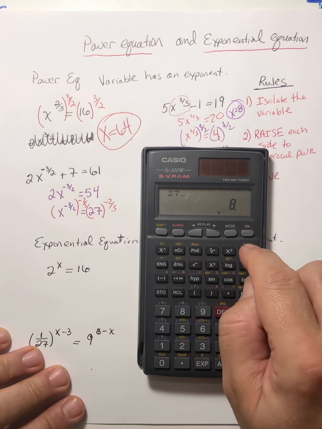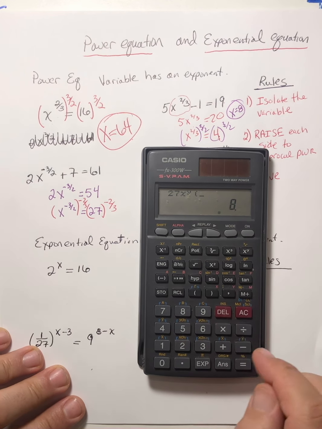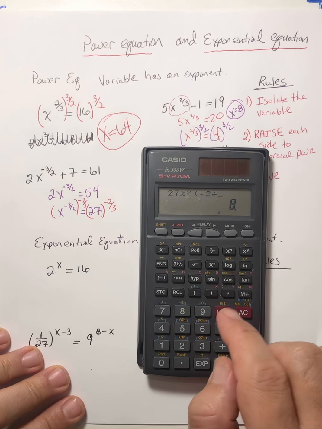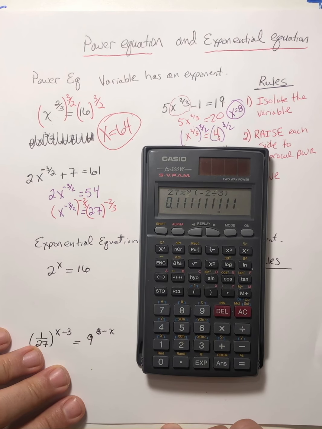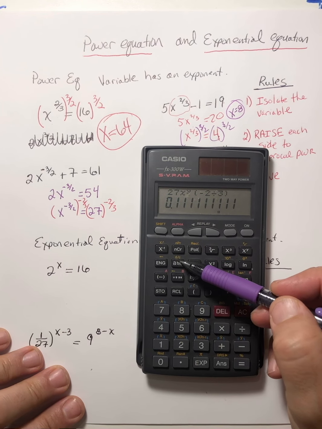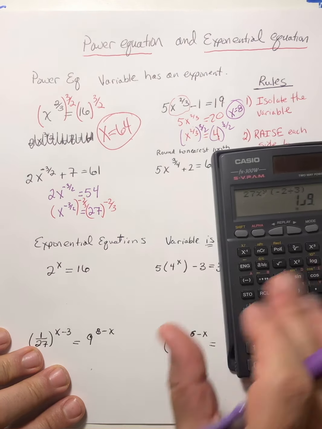27, x raised to the y key, parentheses, negative 2 divided by 3, close parentheses, hit equal, 0.11111. Okay, if you didn't know that's 1/9, on this calculator, I can do shift and then this key, and it changes it to a fraction. 1/9.